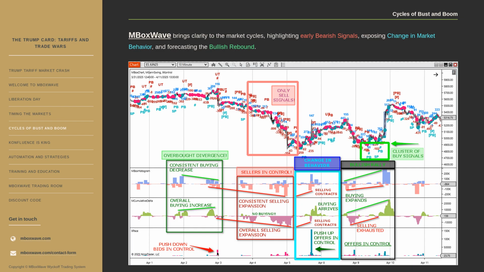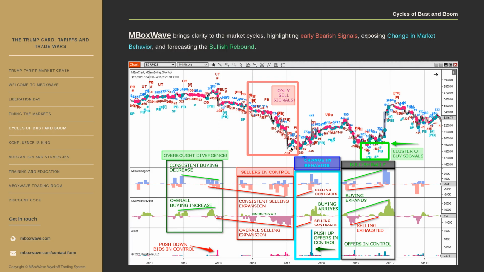Then we see in the X pace we have a push down here. Boom, right here. This was a pretty fast and strong move down, and the X pace bids shows this. As we begin to sell off here, I'll point out that we only have sell signals from this stretch to this stretch going down.